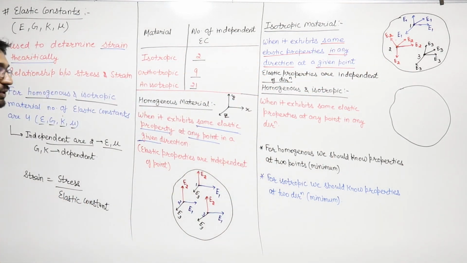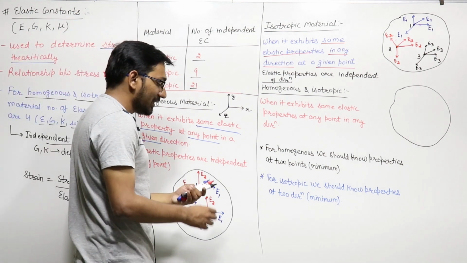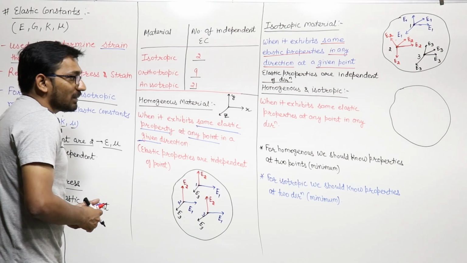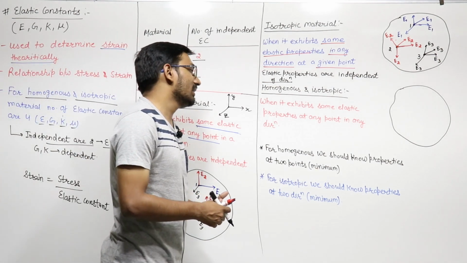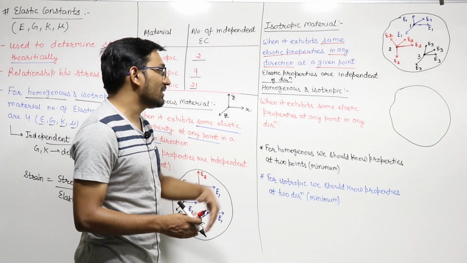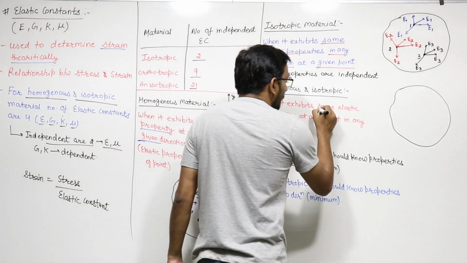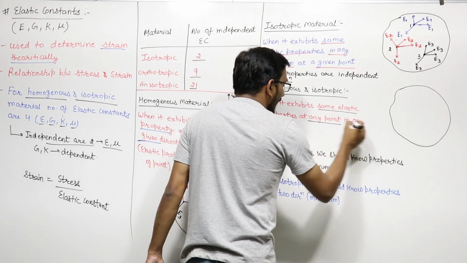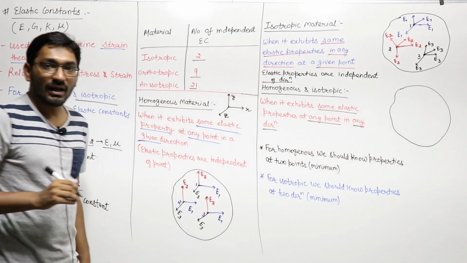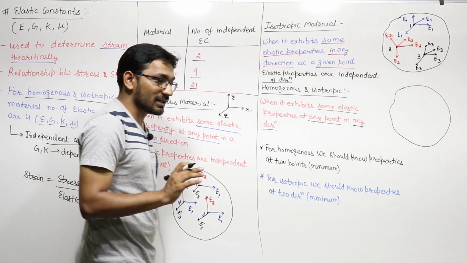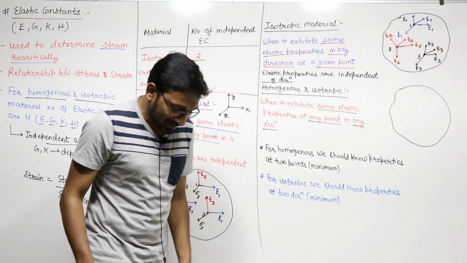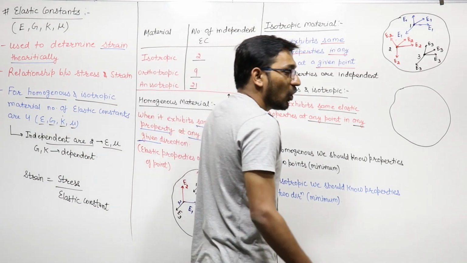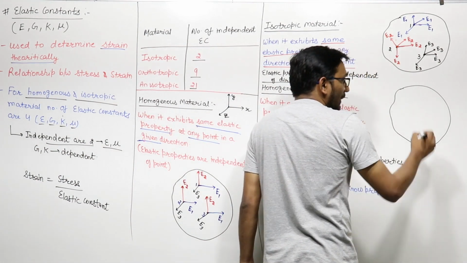Next is your homogeneous and isotropic material. We say that homogeneous and isotropic materials are those materials which exhibit same elastic properties at any point in any direction, right? At any point in any direction, if the value of property is same, we can say that kind of material is homogeneous and isotropic.